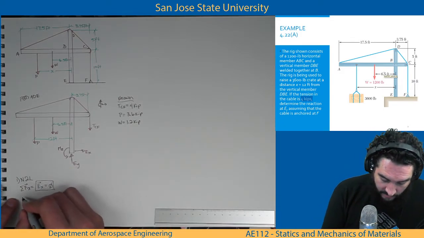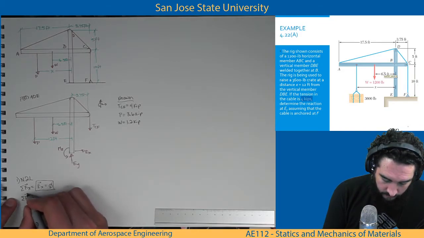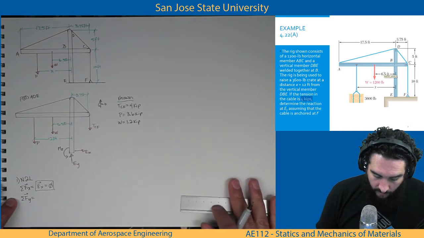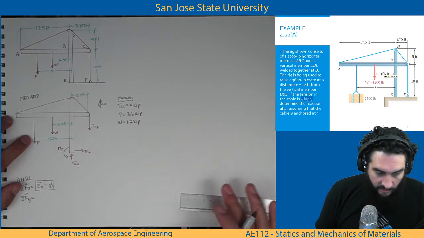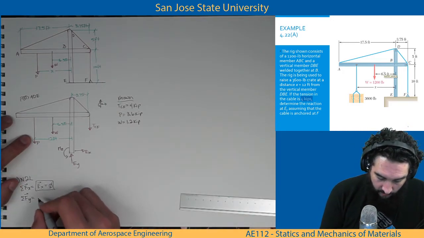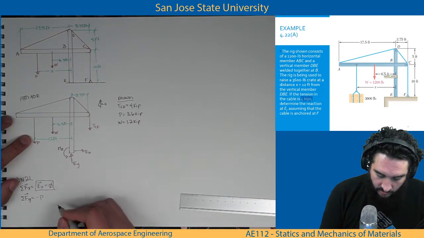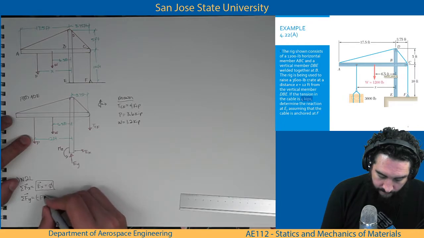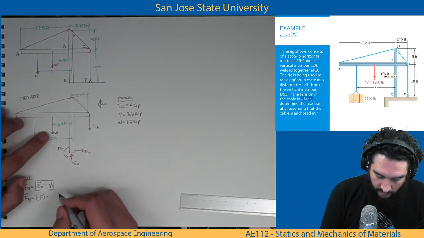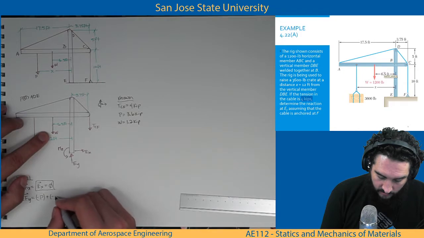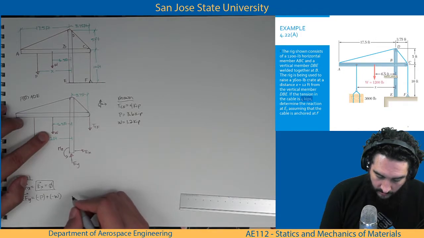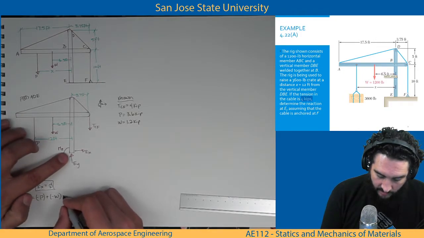Okay, let's move on to the sum of the forces in the y direction. Starting on the left, I have P acting in the negative y direction, so we'll add a negative there. A negative W. I have a positive EY.